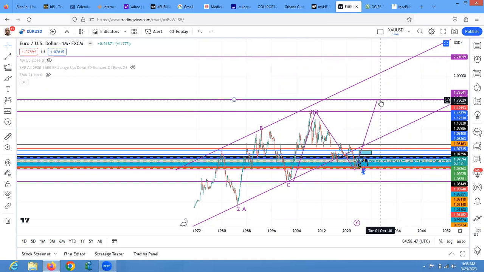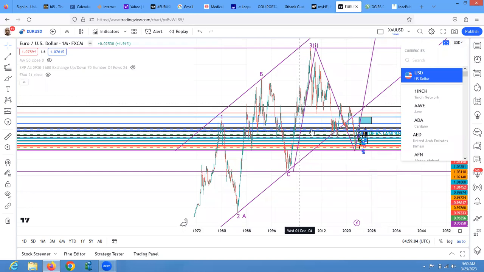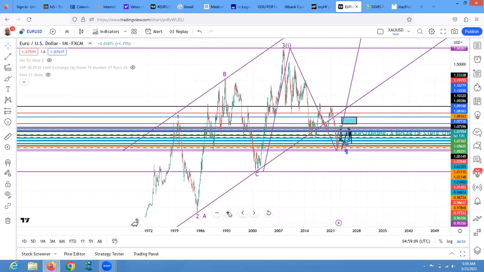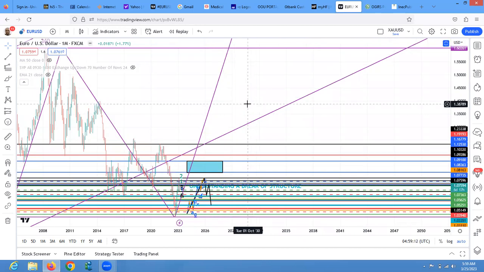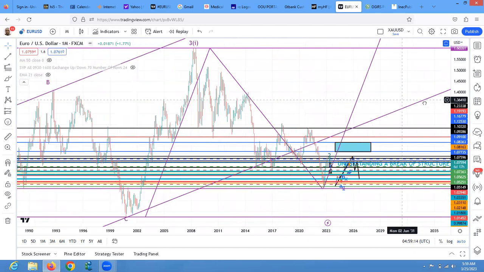If we break this structure, that means a 3-1, a 3-2 probably may have ended. So we are going to see how we're going to break this structure before we move. So this is what is going to take more than 50 years to even get to this point. But let's work with this triad for now.